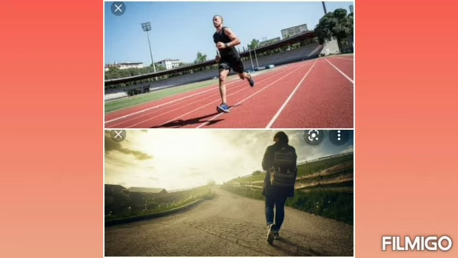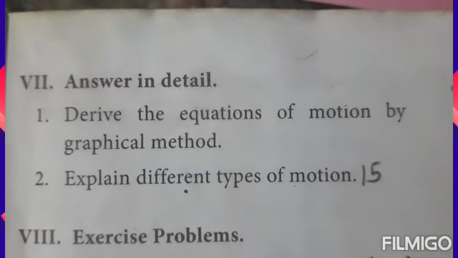Third point: distance is a scalar quantity having magnitude only, while displacement is a vector quantity having both magnitude and direction. This is an important question, distinguish between distance and displacement. While writing, draw a tabular column and write it. Can you understand, students?